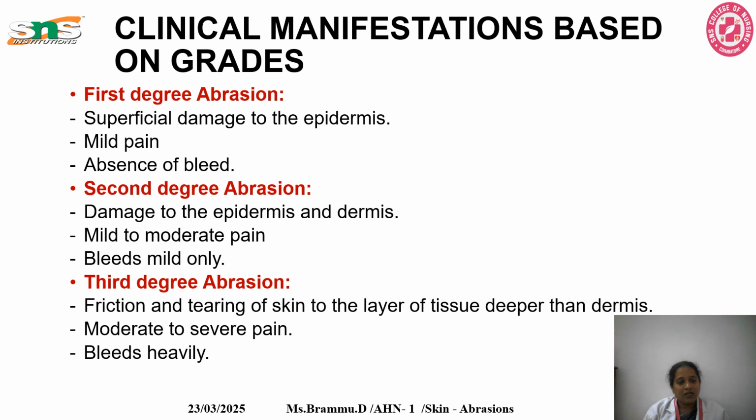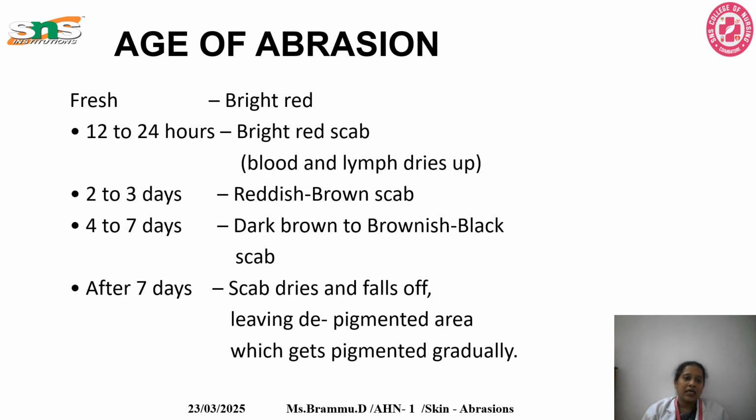In the third degree of abrasion, friction and tearing of the skin reaches a tissue layer deeper than the dermis, where the patient has severe pain and is also bleeding heavily. And how do you find out whether it is a new abrasion or a very old abrasion?